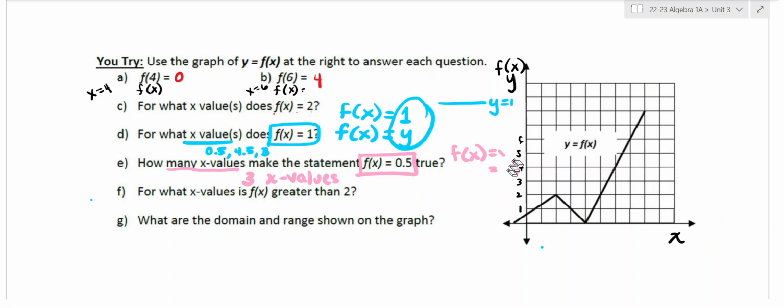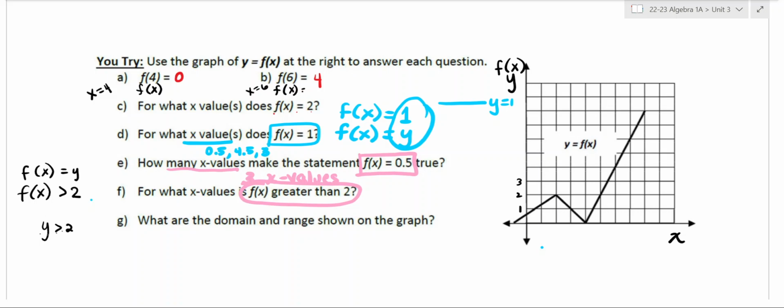For what x values is f of x greater than 2? All right, notation. Notation, f of x greater than 2. In function notation, f of x equals y. So we want where y is greater than 2. For what x values is y greater than 2?